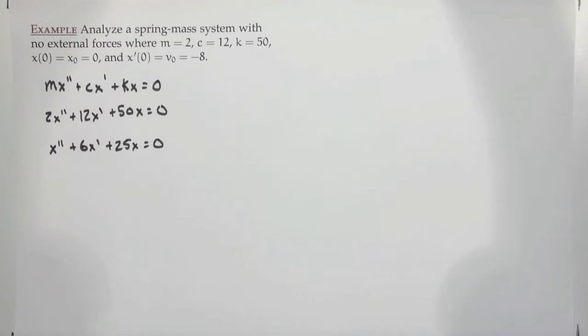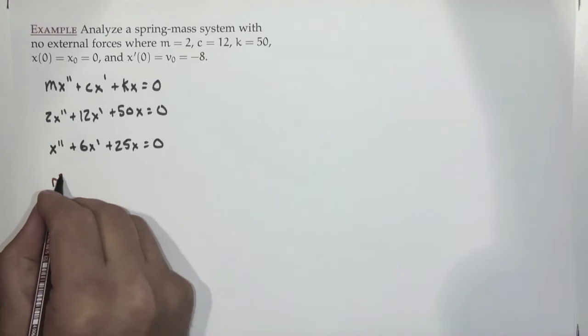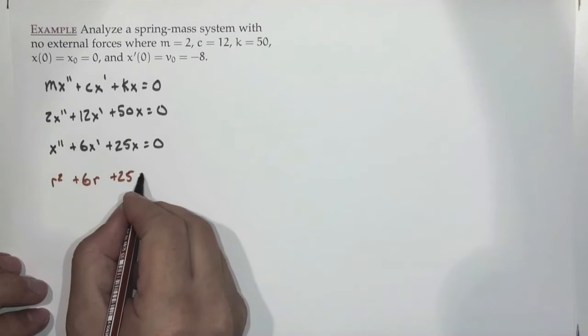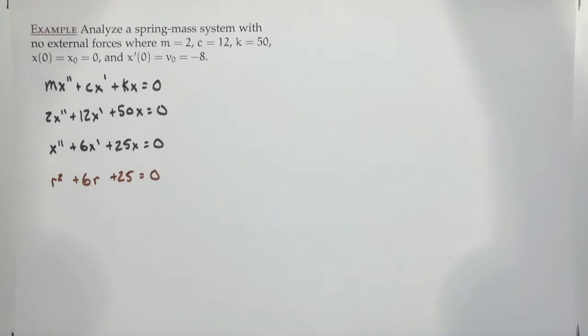And what's the algebra problem that we get to solve? r squared plus 6r plus 25 equals 0. Algebra, yeah. Okay, so does this factor?